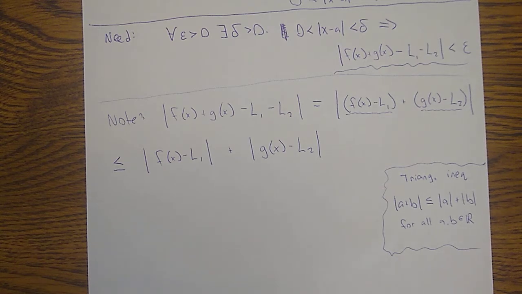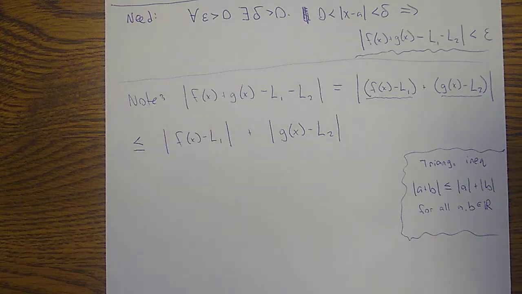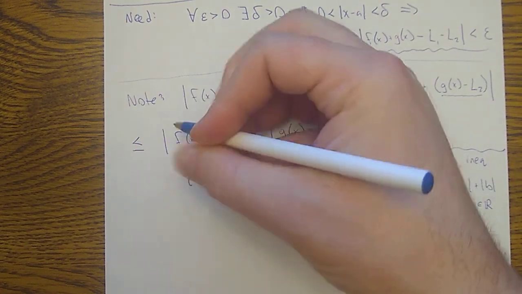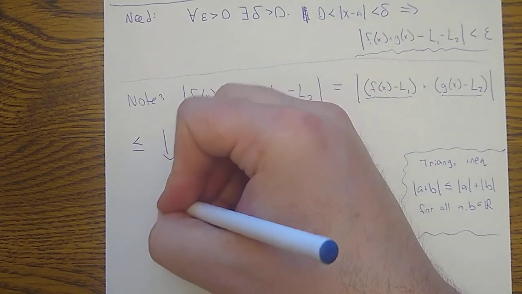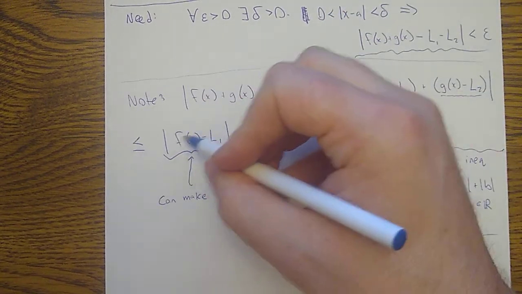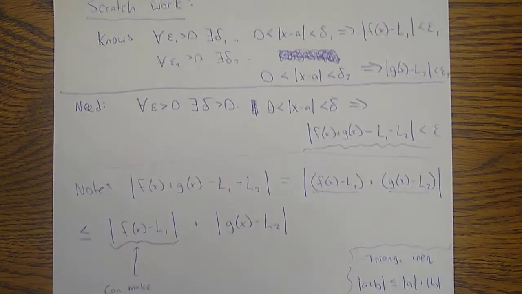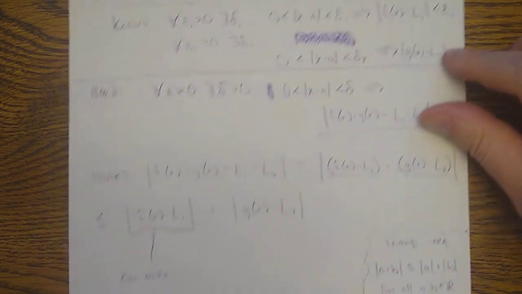So I like this because I know that I can make this smaller than epsilon 1, like this absolute value of f minus L1.